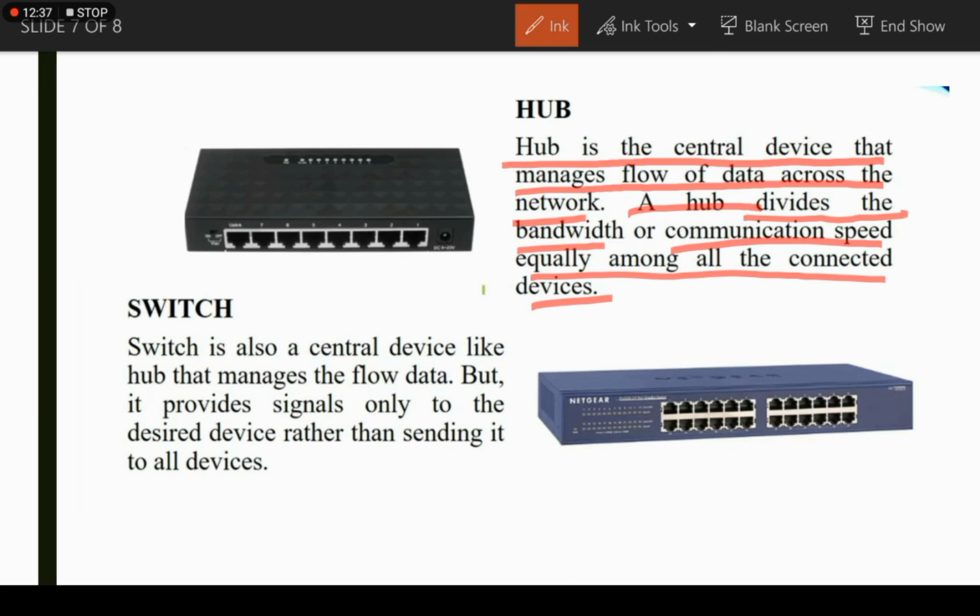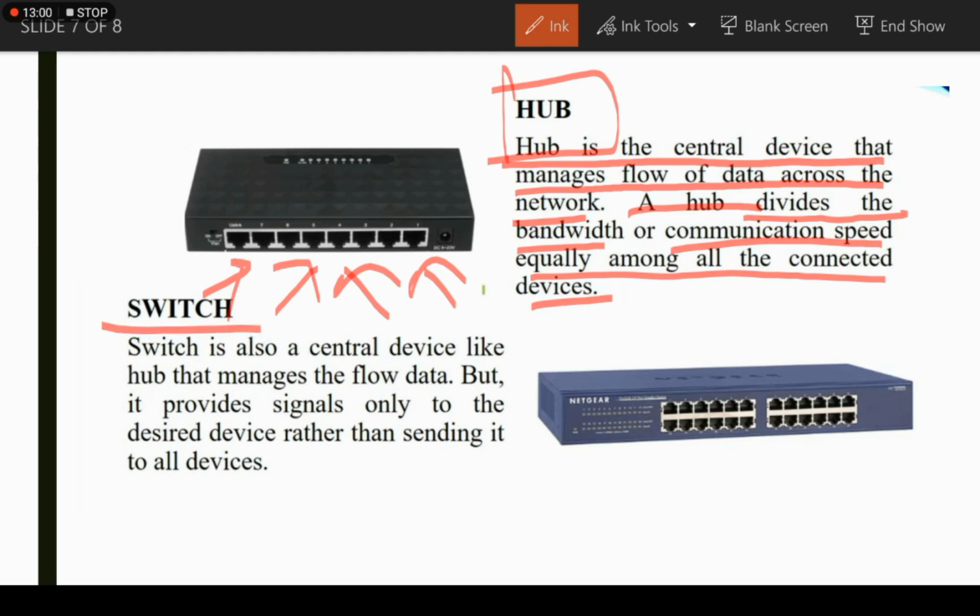For example, if you have 10 different computers and you want to use internet in all the 10 computers, then you can use hub. In hub there are some connectors which connect your computer system with the help of wire. So this is a wired connection.